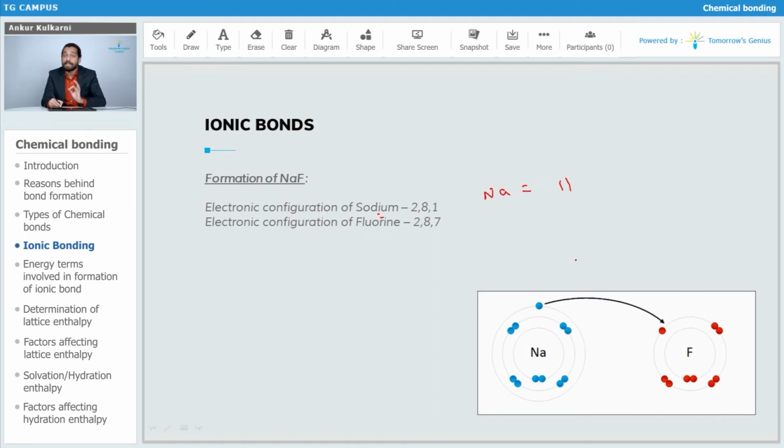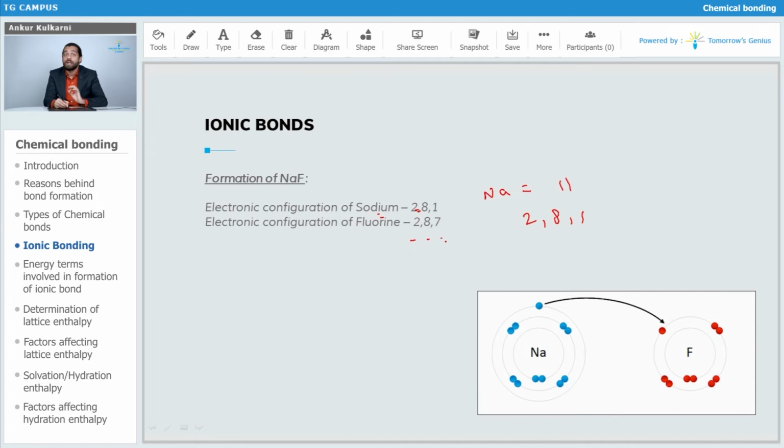So when we write the electronic configuration of sodium, we write 2, 8 and 1, as we have seen. Similarly, when we talk about NaF, we need to talk about fluorine also. What is the atomic number of fluorine? It is 17. So the electronic configuration of fluorine can be written as 2, 8 and 7.